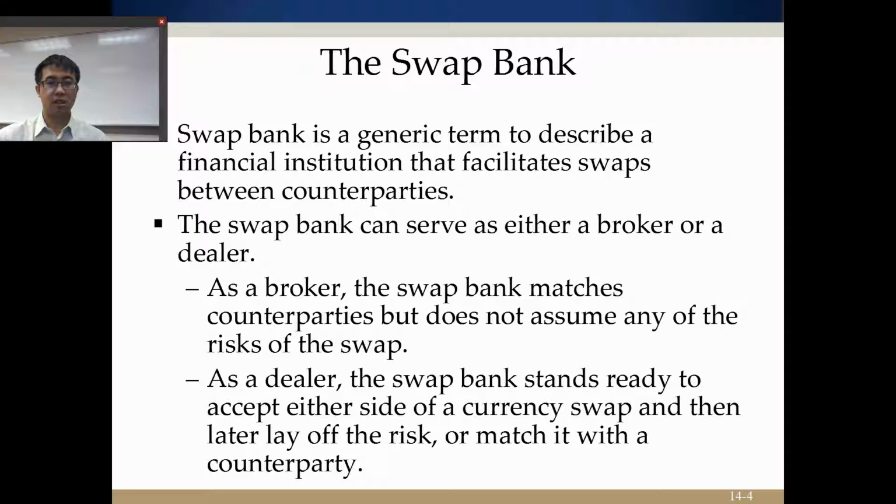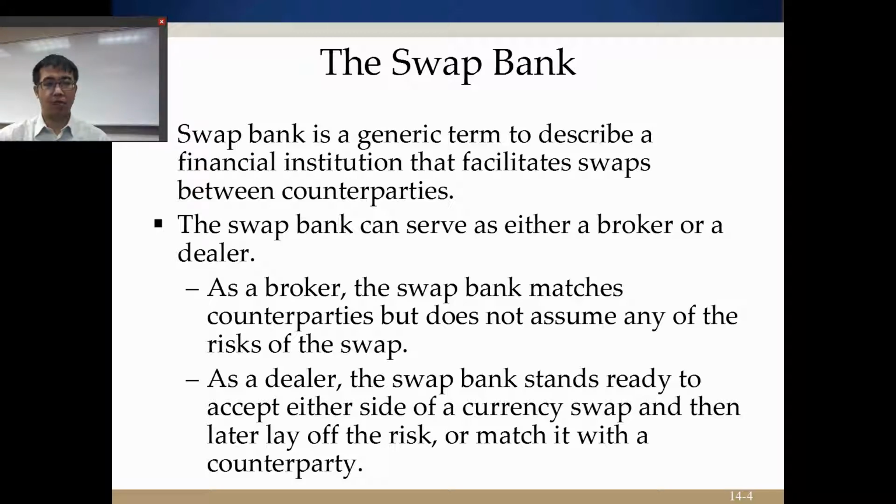So without these swap banks, one party and another, let's say one company in the US, another company in the Eurozone, or Goldman Sachs and the Greek government, they have to seek each other, so one looks for another, and there are going to be a lot of searching costs, and that's not a very efficient way to do it.